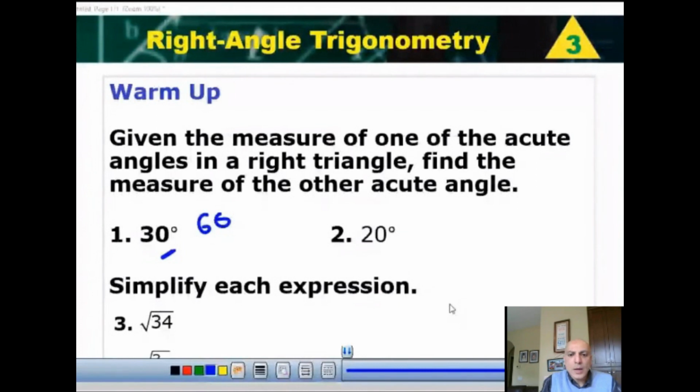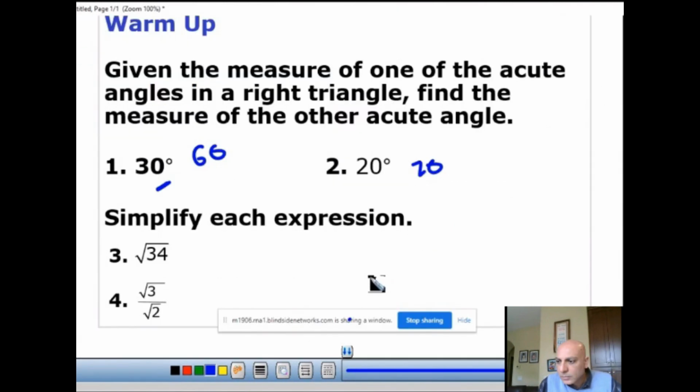And number 2, did anybody give you anything for number 2? Anything for number 2? 70, yes, true. 70. And if I wanted to go a little bit further down here, square root of 34. What is 34?